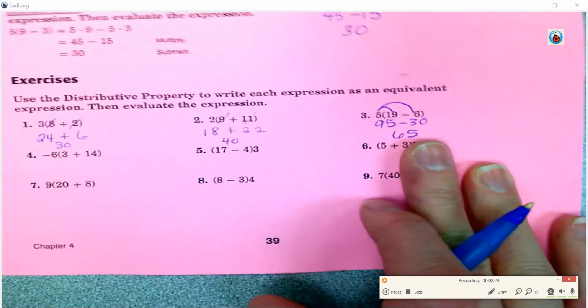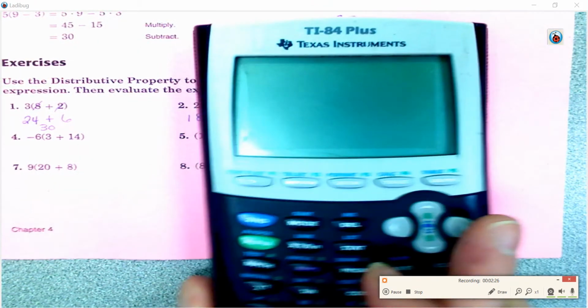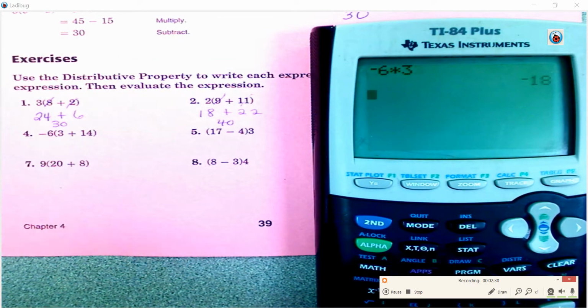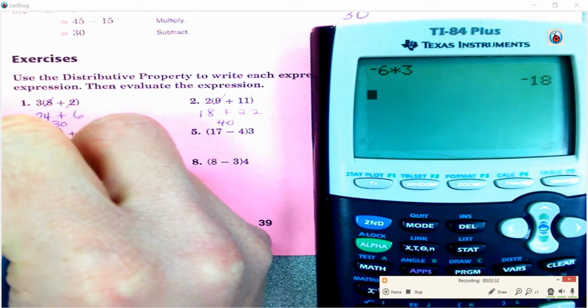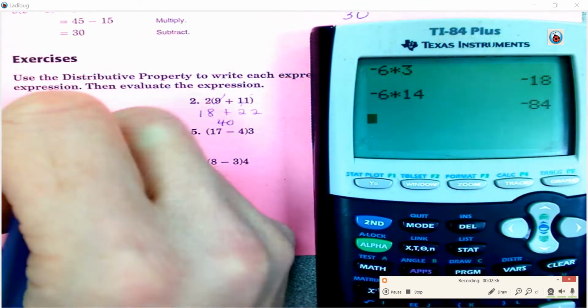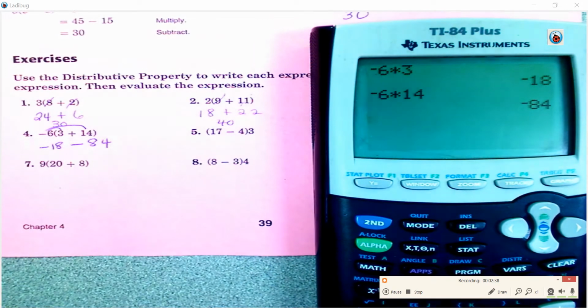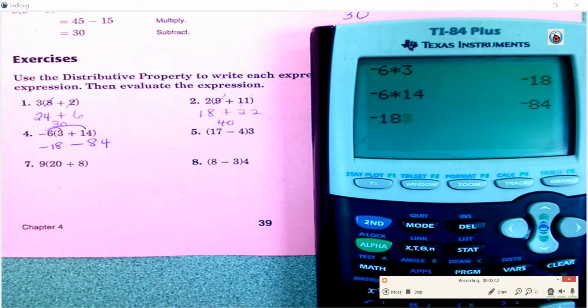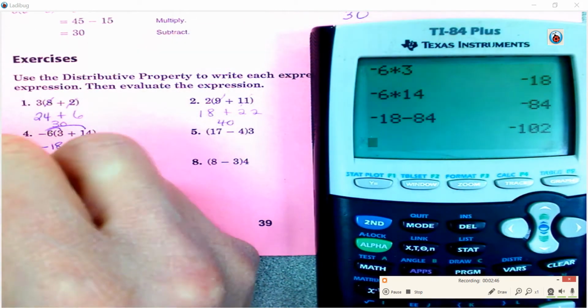We're going to do a few more. Okay, we have negative 6 times 3, which is negative 18. And then negative 6 times 14, which is negative 84. So then what we type in to solve this is negative 18 minus 84. This is negative 102.